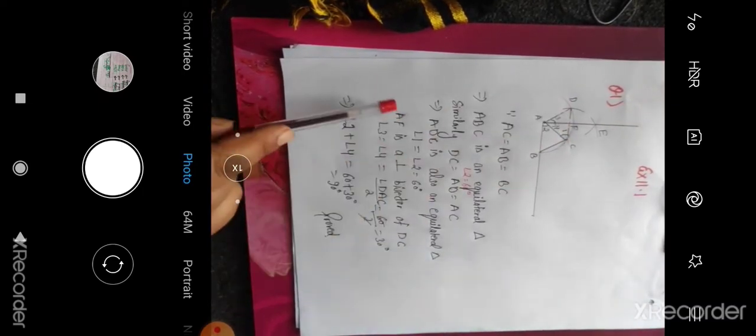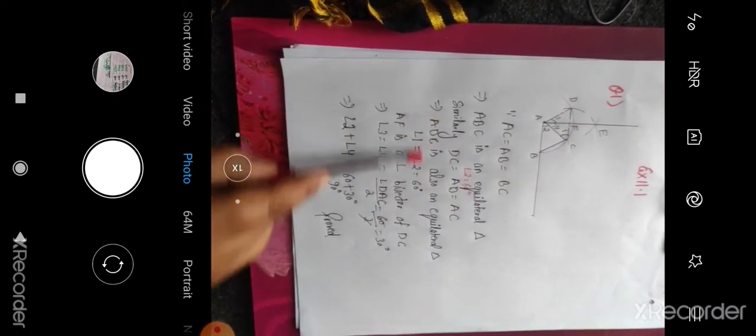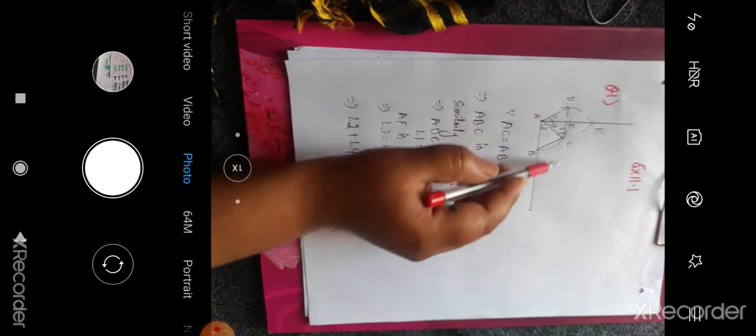Now similarly, in triangle DAC, you can see that DA equals AC equals DC. Hence ADC is also an equilateral triangle. Hence we can say that angle 1 is also 60 degrees. Angle 1 and angle 2 are alternate interior angles, and these are equal to each other also. So this is 60 degrees and this is also an equilateral triangle, and AF is the perpendicular bisector of DC.